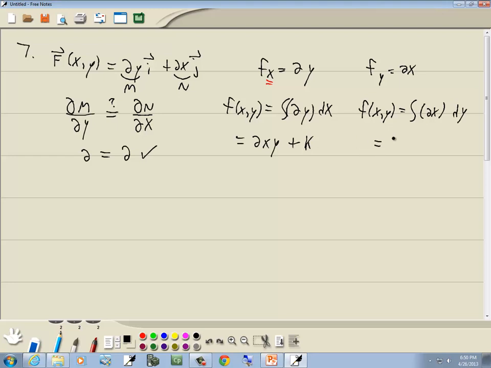And this one, the integral with respect to y, there is no y, so this just becomes 2xy plus k. Now our potential function, what you do is you merge these together. And if they both have the same thing, you don't write it down twice. See how they both have a 2xy? So we'll just put a 2xy once, and then plus k. And that's our answer.